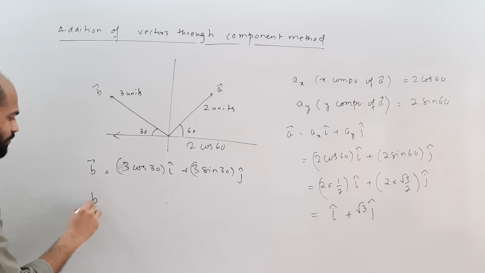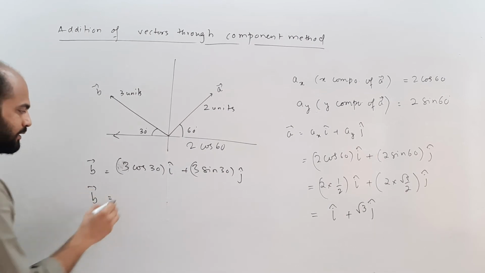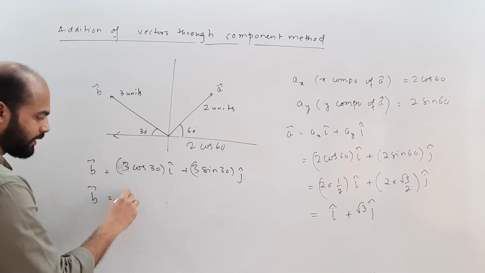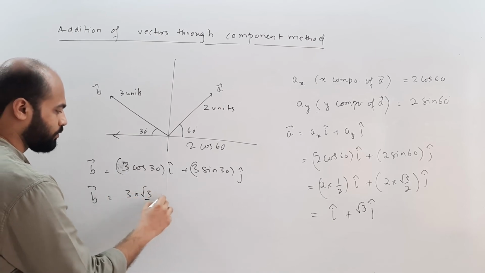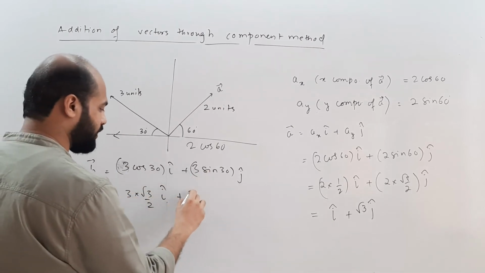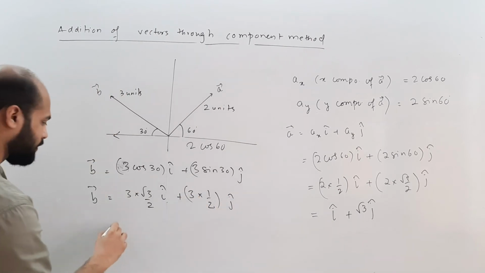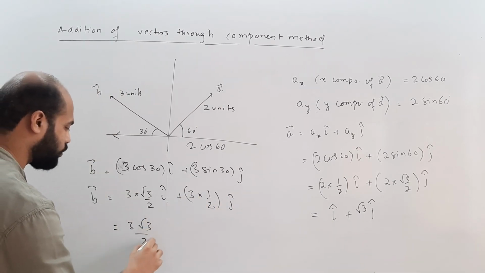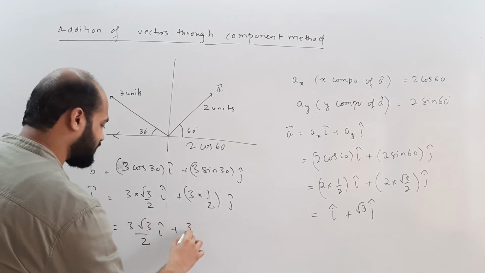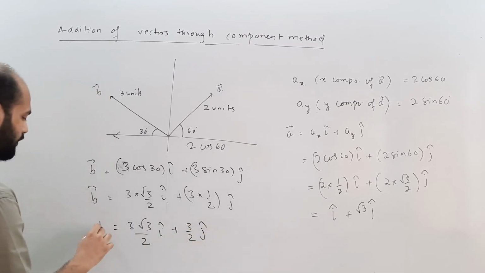So this b bar could now be written as 3 into cos 30, that is root 3 by 2 i cap, plus 3 into half j cap. So we can write it as 3 root 3 by 2 i cap plus 3 by 2 j cap. This is b bar.